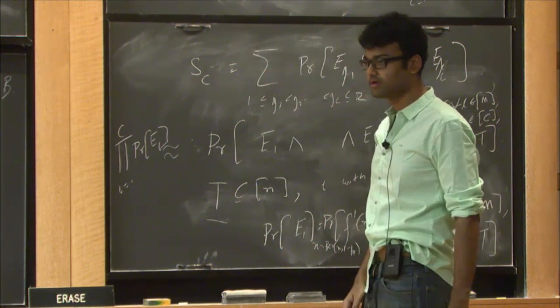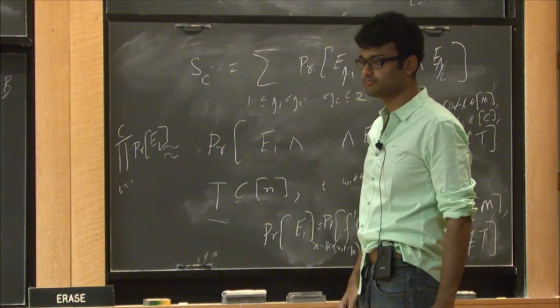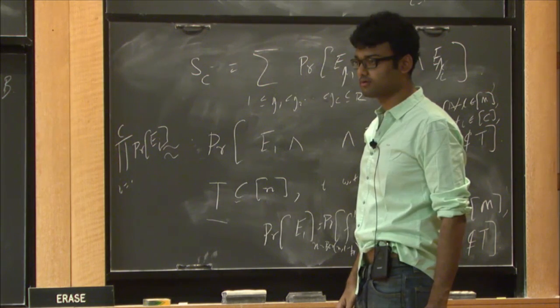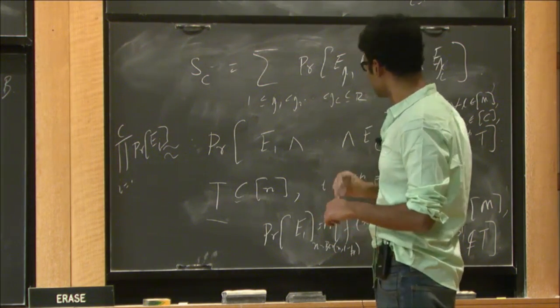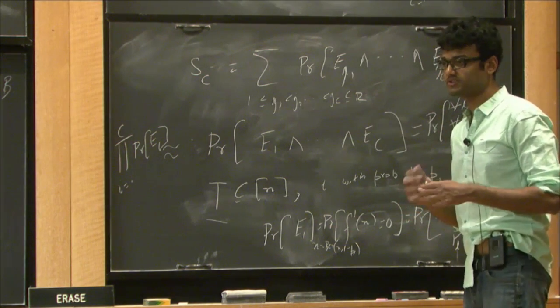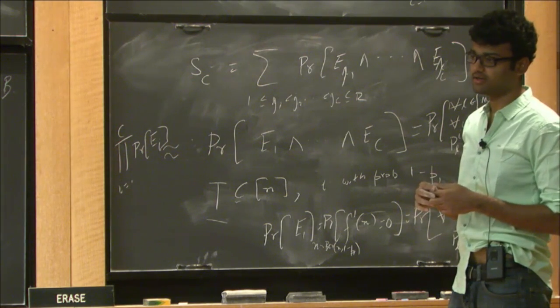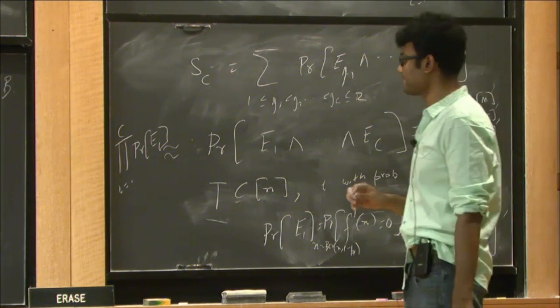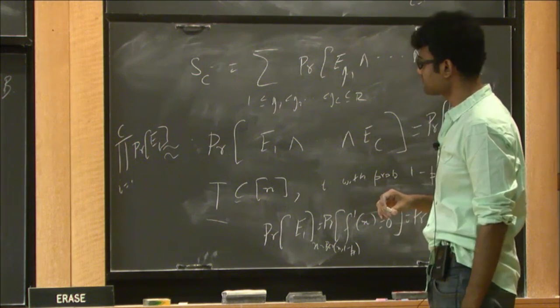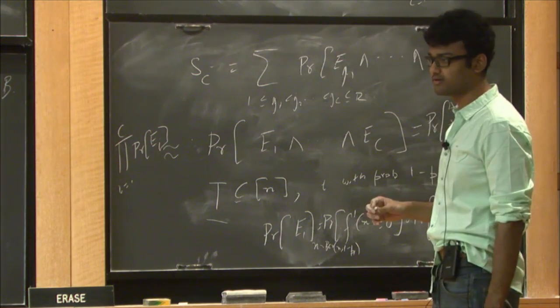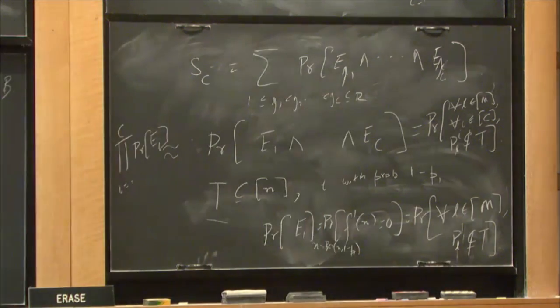Janson's inequality is used to bound probabilities that many sets are contained in T, right? You want sets not contained in T. I think the version of Janson that we use actually gives us probabilities of the sets not contained in T. Yeah, I think it's from your book.